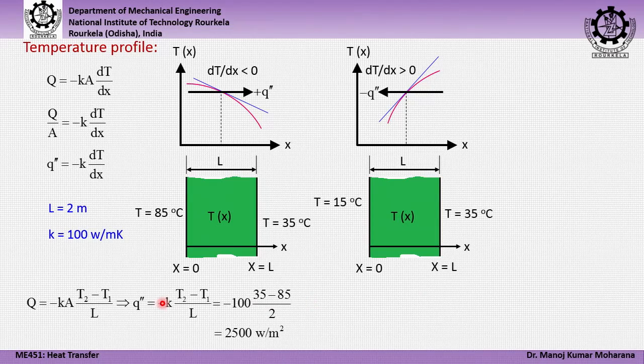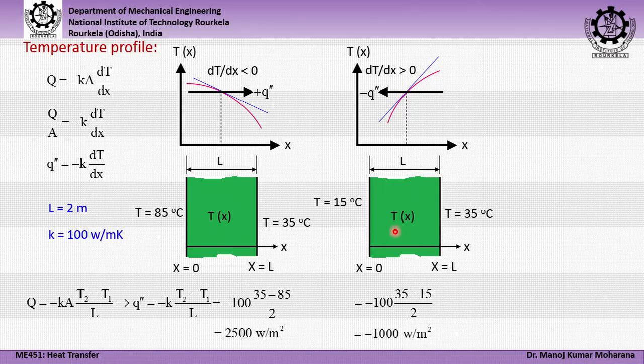Here we will calculate similarly as we did for the earlier case. When you use this expression, again using the appropriate values, we obtain the heat flux, or heat transfer per unit area, to be minus 1000 watt per meter square. So, the magnitude of heat flow between these two surfaces is 1000 watt per meter square, but we have a negative sign.